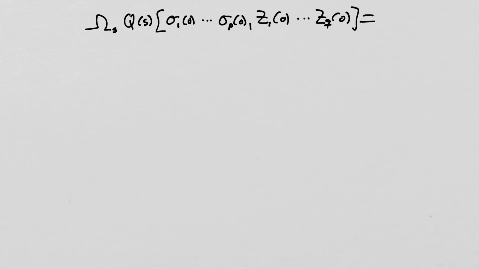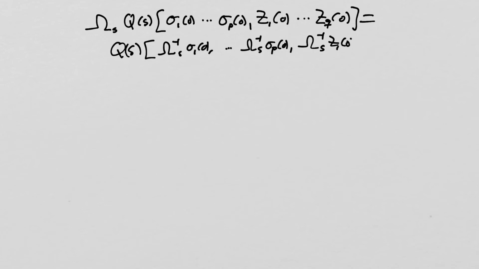That has to equal q of s, inverse s sigma 1 0, dot dot dot, inverse sigma p 0, comma, inverse s z1 0, inverse s zq of 0. That's the expression. We're using this abbreviated notation for the omega operator.